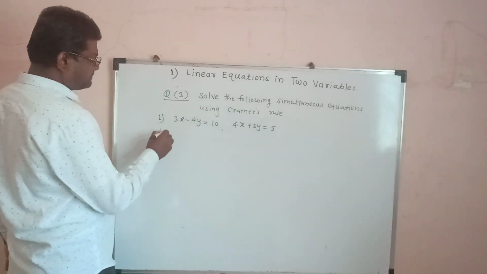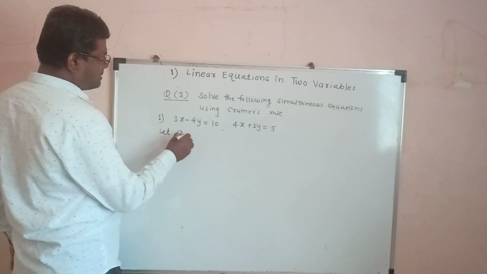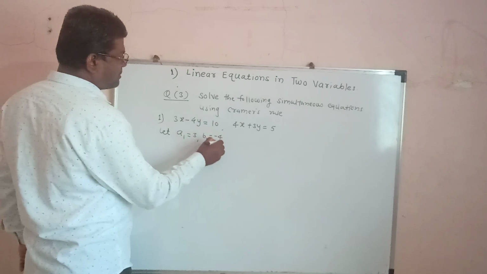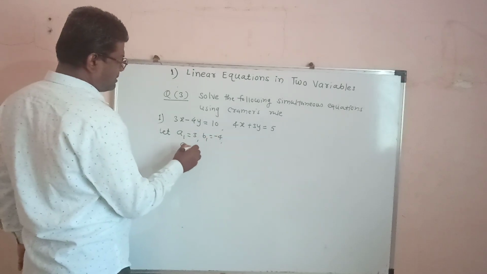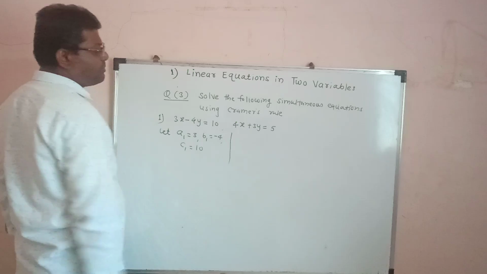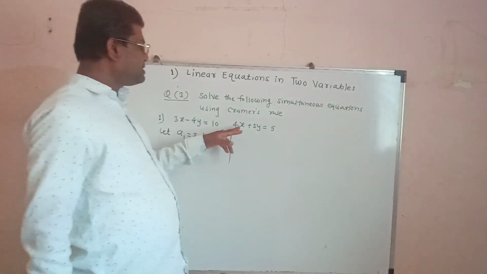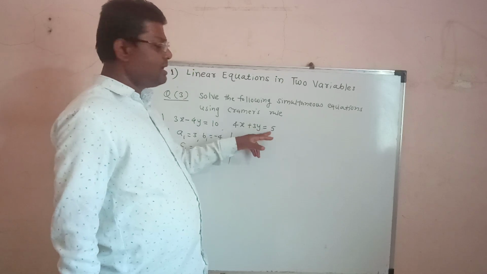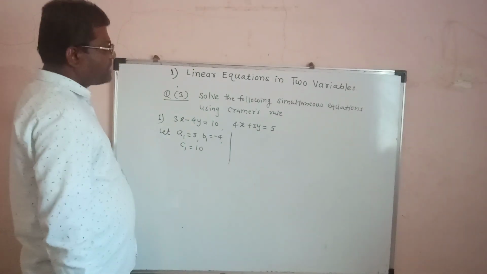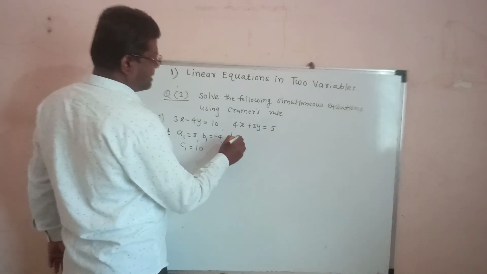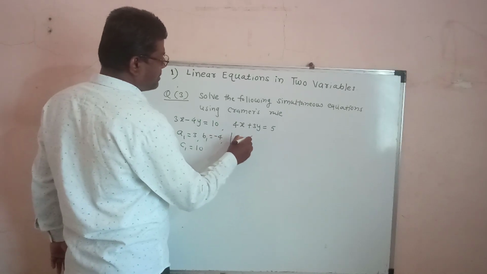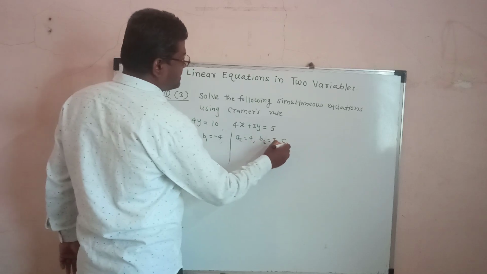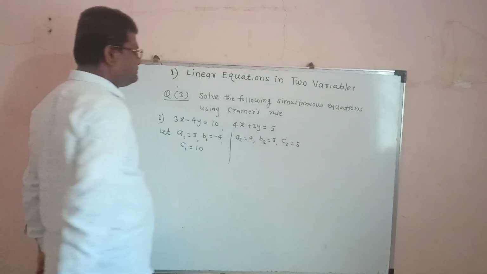So let a1 is equal to 3, b1 is equal to minus 4, and c1 is equal to 10. For the second equation, the coefficient of x is 4, the coefficient of y is 3, and the constant term is 5. So let a2 is equal to 4, b2 is equal to 3, and c2 is equal to 5.